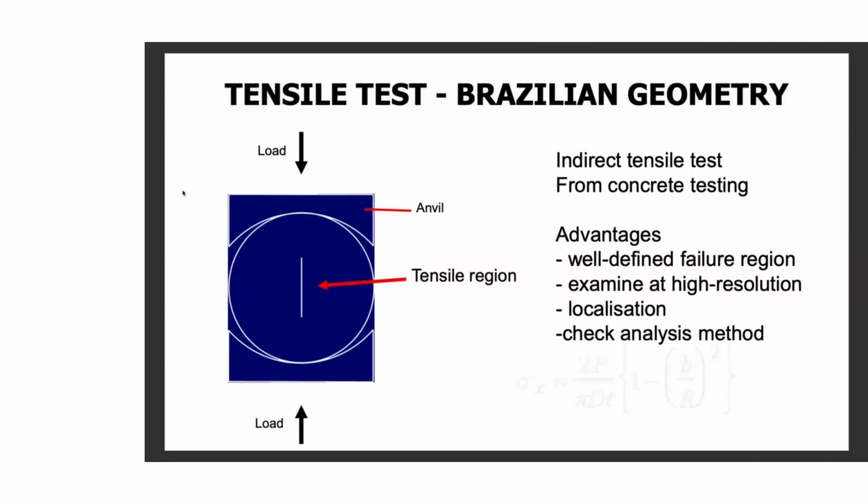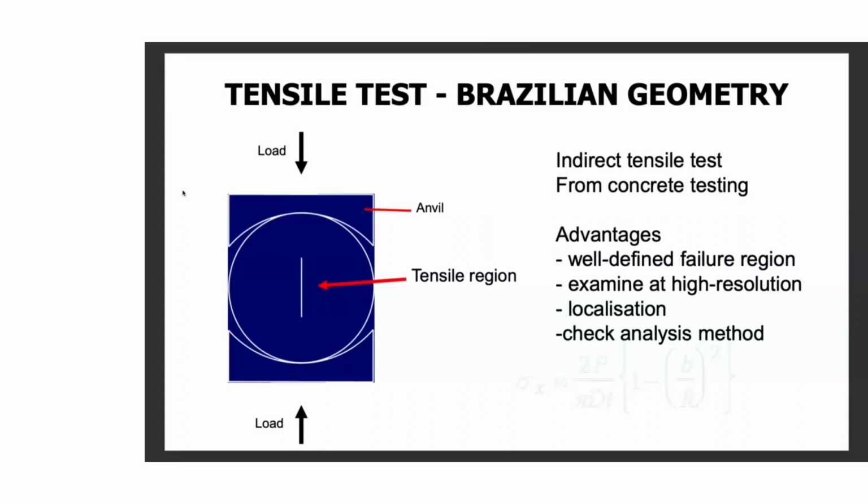And when we press on the sides of the disc, the material wants to move outwards laterally away from the loading that's being applied, and that produces a tensile region in the geometric center of the sample. So this means we've got a very well-defined failure region. We can examine it at high resolution, we can look at localization, and we can check our analysis method.